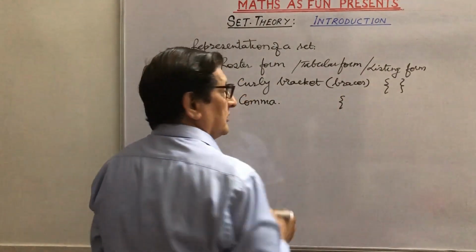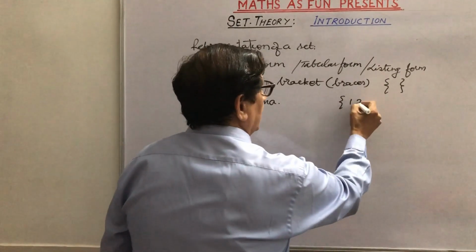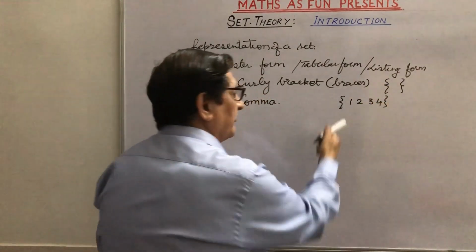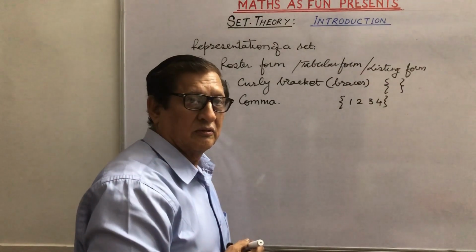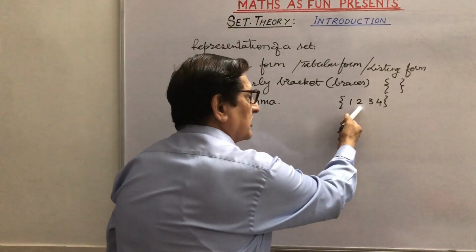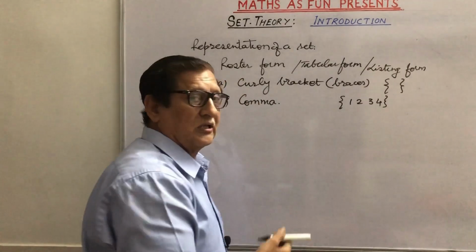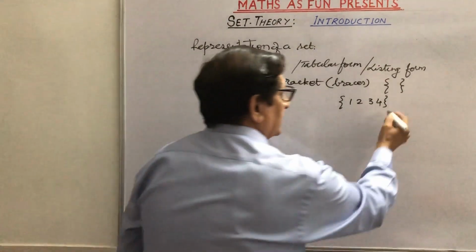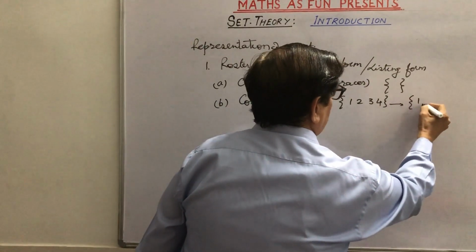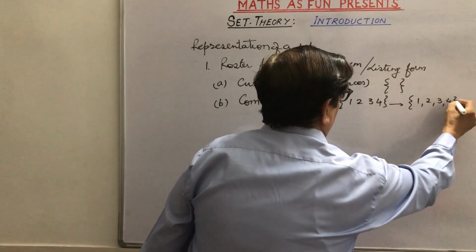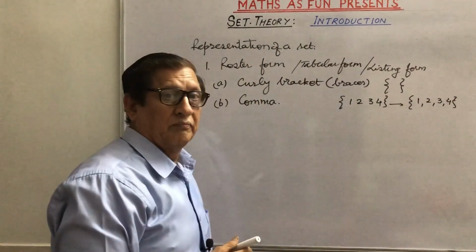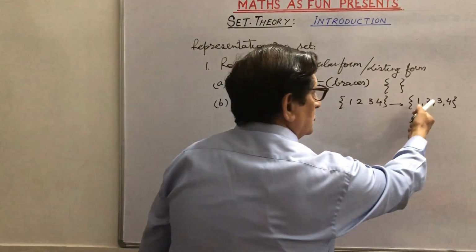Suppose we have a set having the elements 1, 2, 3 and 4 and we don't put commas, then we will read it as 1234. There is only one element. Whereas if we write it like this, 1, 2, 3, 4 with commas between them, now we can say they are 1, 2, 3 and 4.